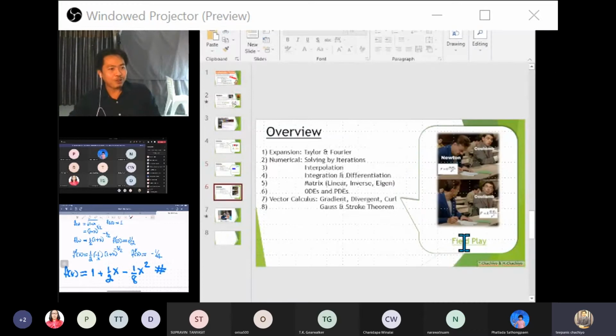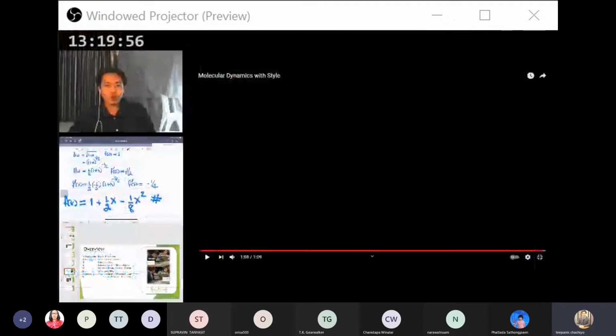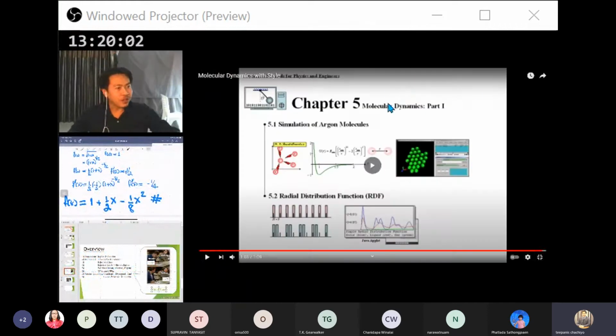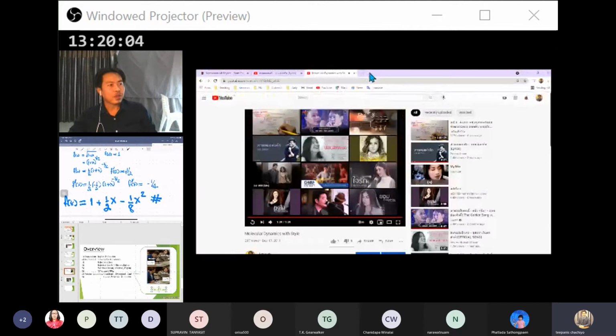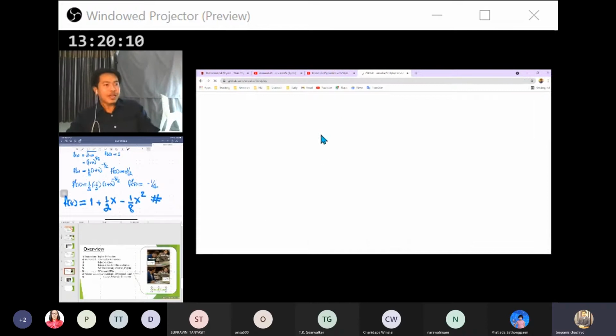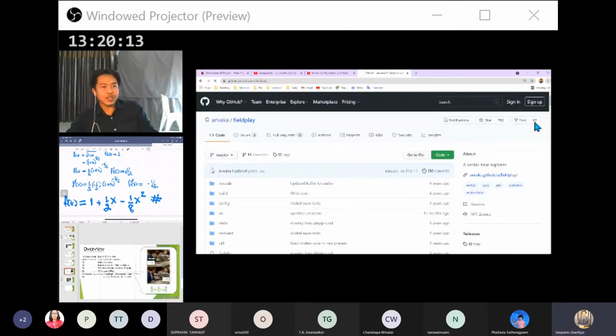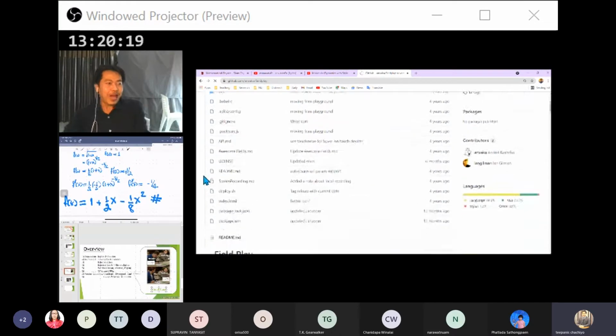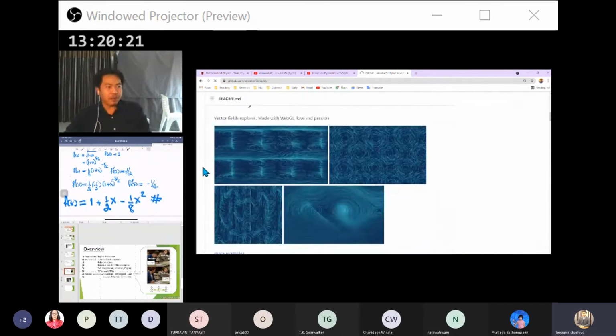Let me go to this website called Field Play that allows you to see much of the mathematics in graphics. Let me switch back to the Chrome scene and go to my Chrome website. There you go. Control V to get the link. This is a program by Anvaka, and it allows you to see the visual effect of the math.